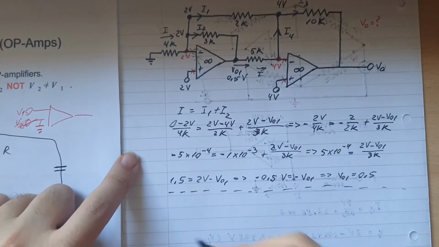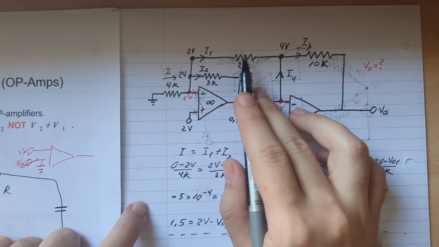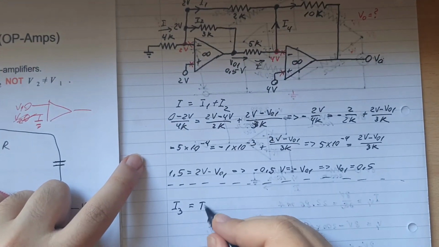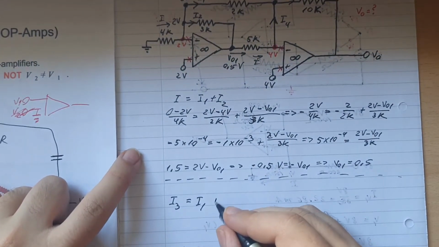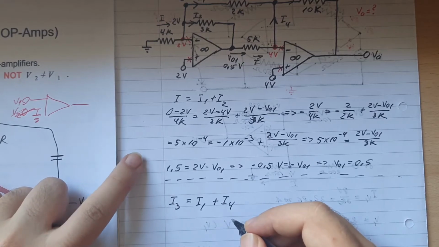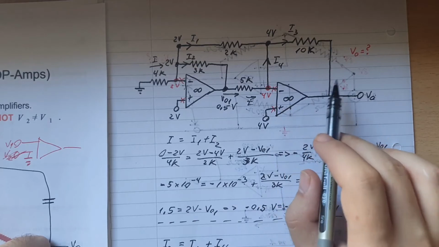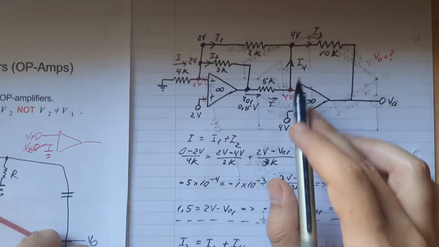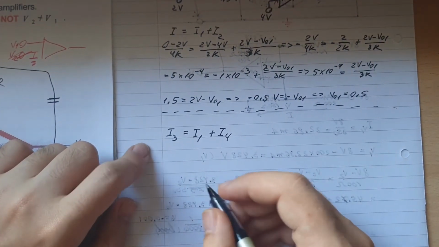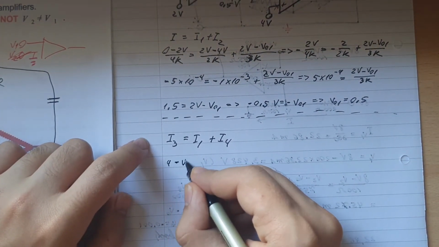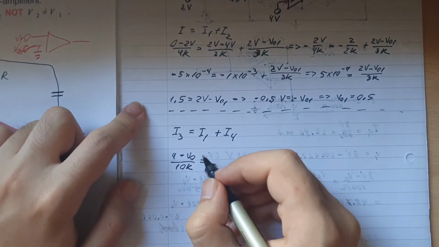So this I3 is equal with this current I1 plus I4. Okay, now I4, no, let's start with I3. I3 will be 4 minus VO over 10k. That will be equal with I1.